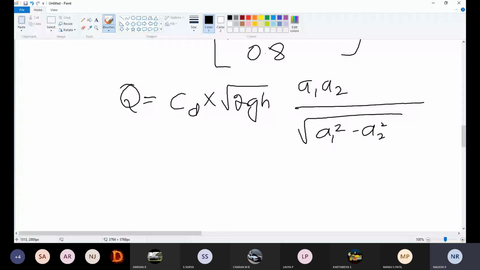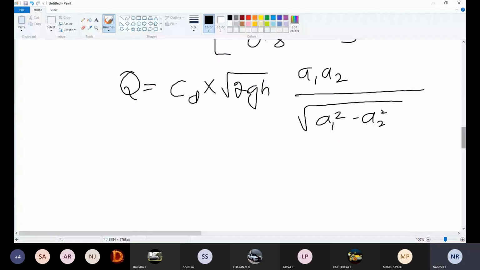Okay. Now in this, CD is given, that is 0.98. And what is G? 9.81. Then what is H? 4 meter.